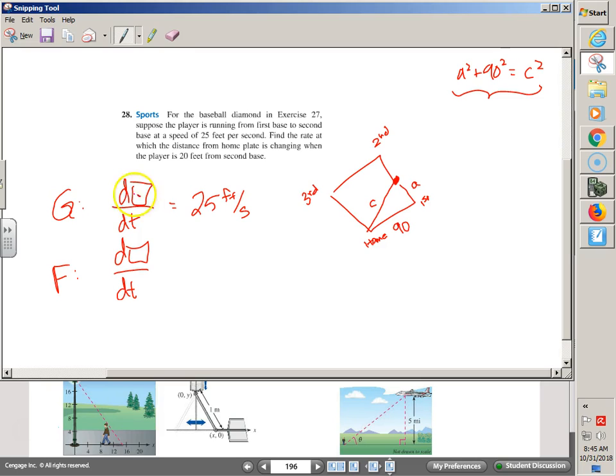I'm calling it a positive because this distance from first is growing as he runs. I'm not using this one because that's not a right triangle, and the formula would be way harder. It'd be law of cosines. Blech. And then it says find the rate at which the distance from home plate. Well, what did I label that? See. Such that the player is 20 feet from second base. What does that mean as far as his A value then?